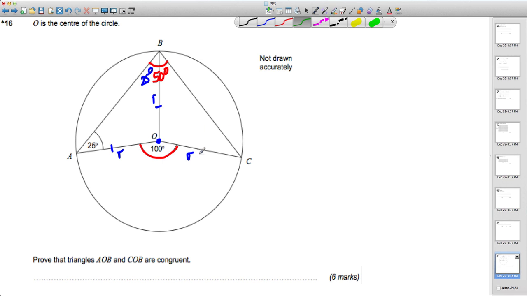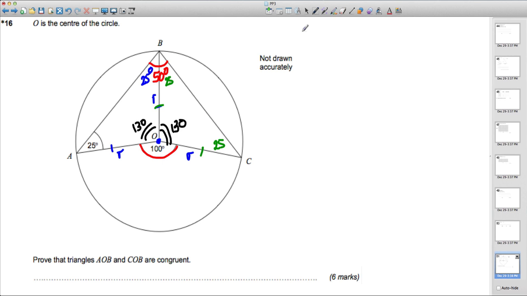Similarly that must be 25. And what must this angle in here be? 180 subtract 50, which is 130, and this here must be 130.